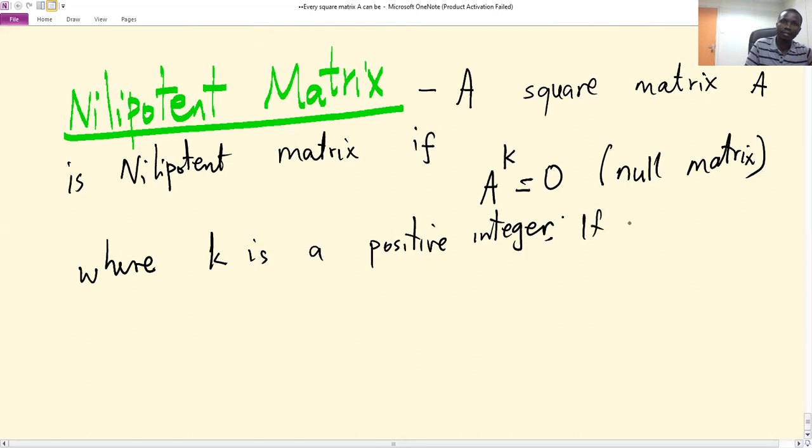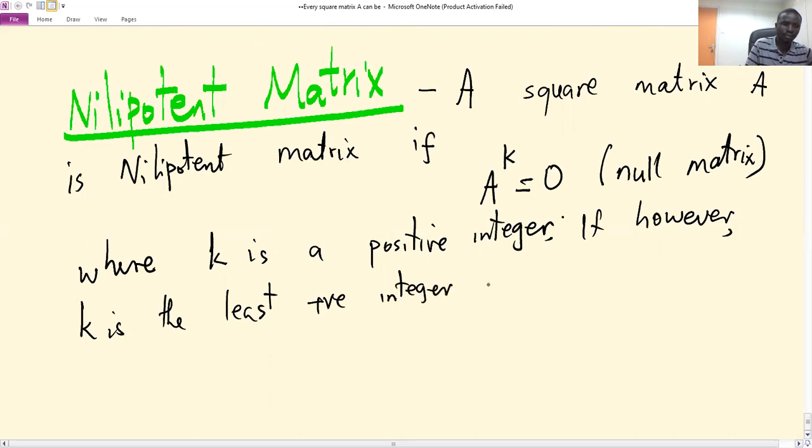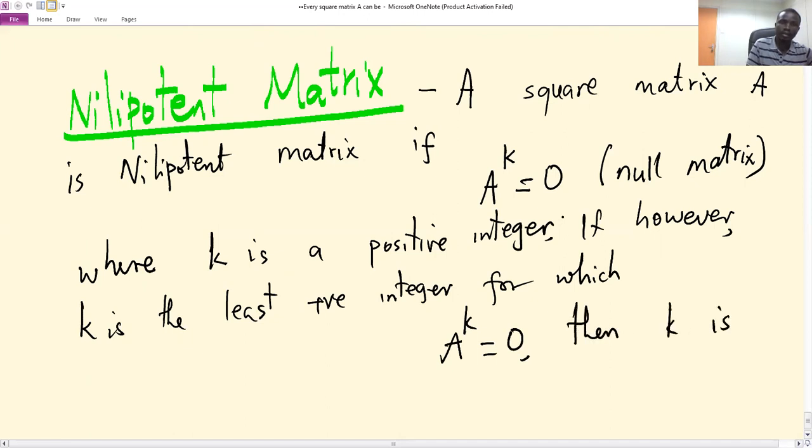If k is the least positive integer for which A to the power k is equal to the zero matrix, then k is called the index of the nilpotent matrix.